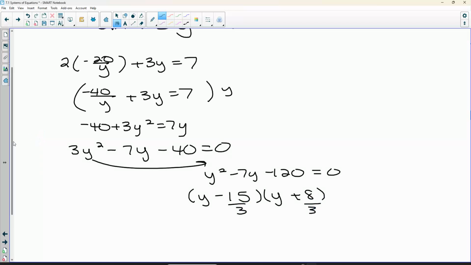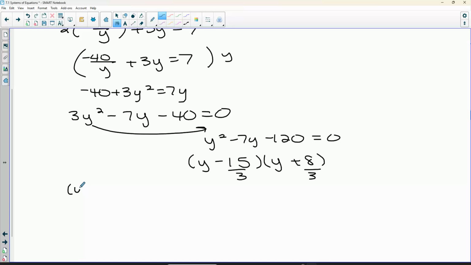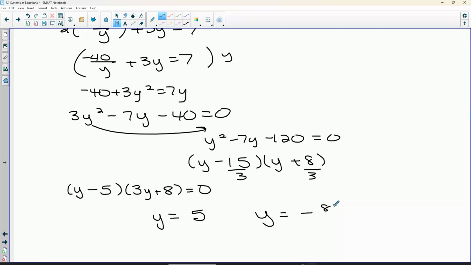Divide our 3 back. So we get y minus 5, or y plus 8. Flip those to 0, so we get y equals 5 and negative 8/3.